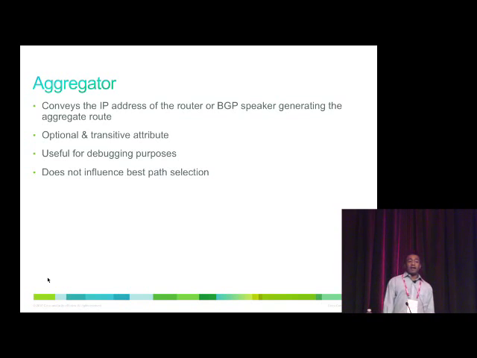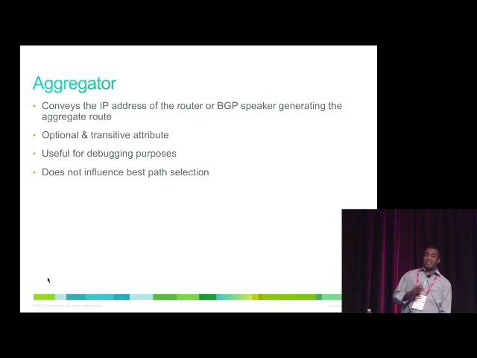Another attribute is aggregator. In BGP, when an ISP receives routes from other ISPs, the ISP can aggregate those routes and advertise. It's rare, normally, if there is an agreement between the downstream ISPs and the upstream ISP, it can aggregate multiple ISPs and advertise. It's good for the internet, but they have to have an agreement.